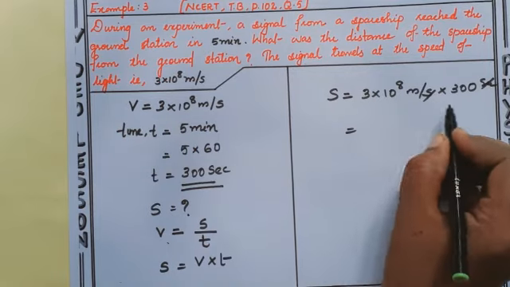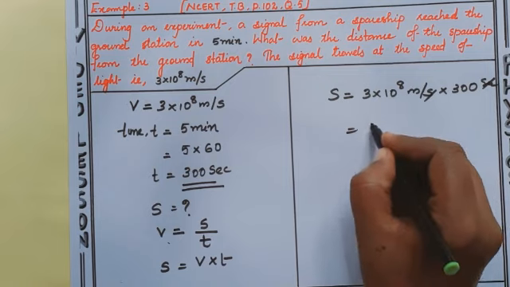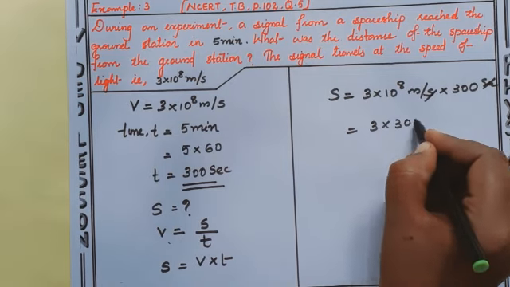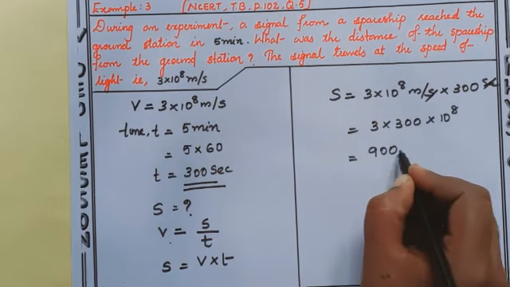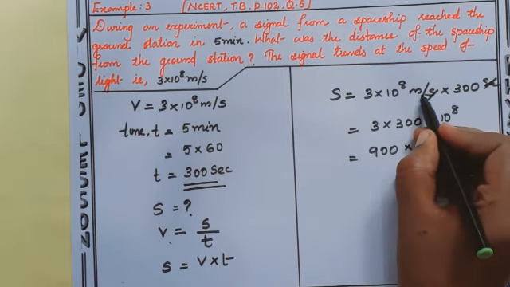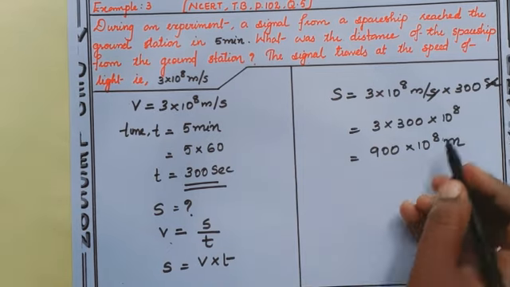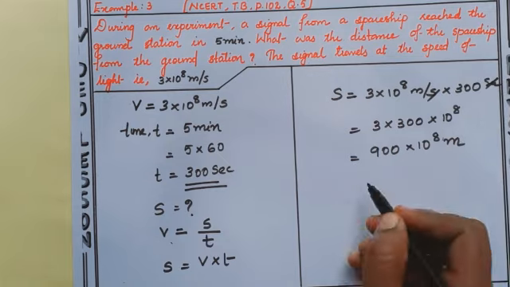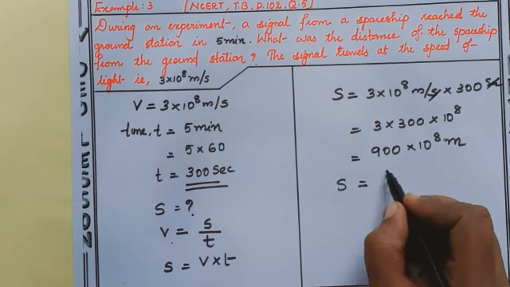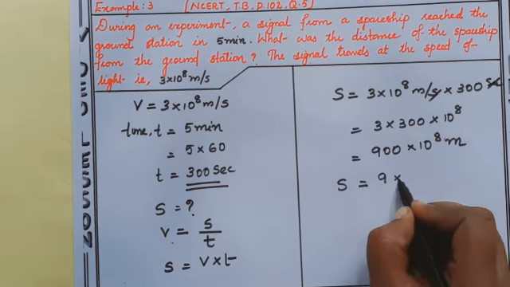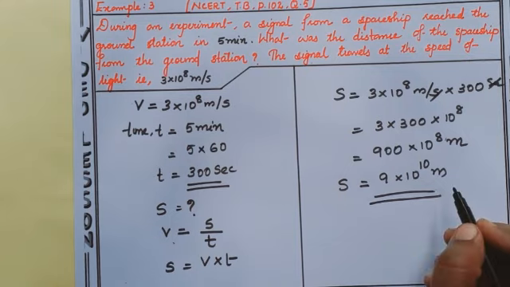So 3 into 300 into 10 raised to 8 gives 900 into 10 raised to 8 meter. So S is equal to 9 into 10 raised to 10 meter.